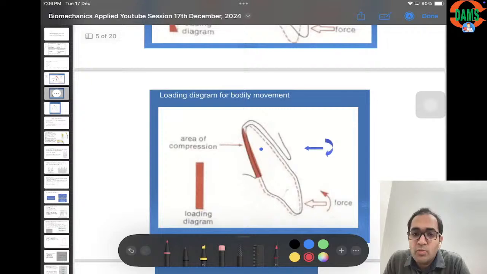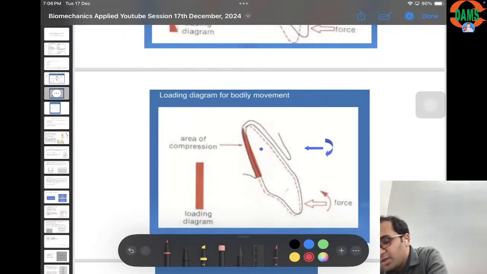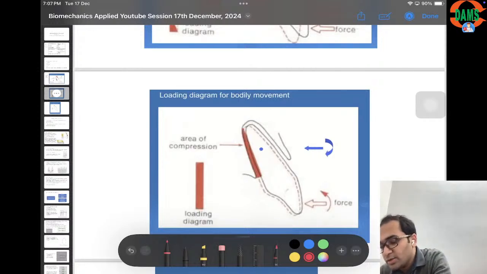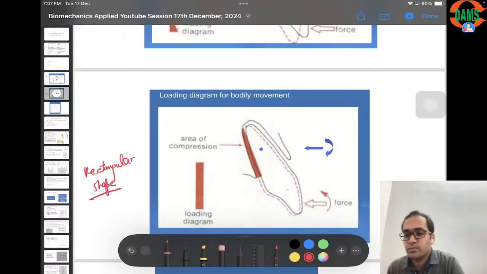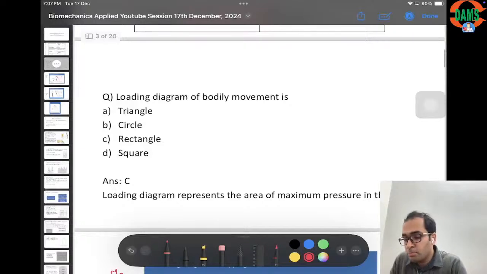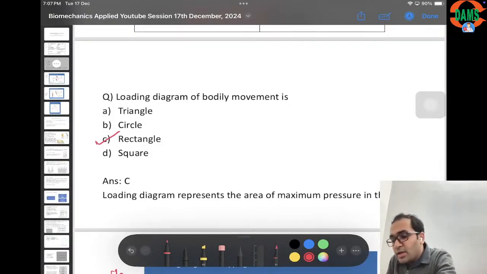Now for bodily movement, since the area of compression is located on one side only due to bodily translation of the tooth, the diagram is rectangular in shape. So it is a rectangle for bodily movement, triangle for tipping movement.